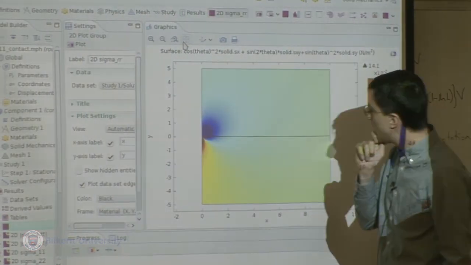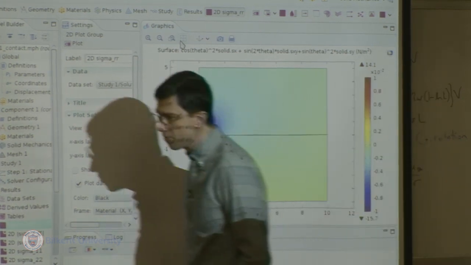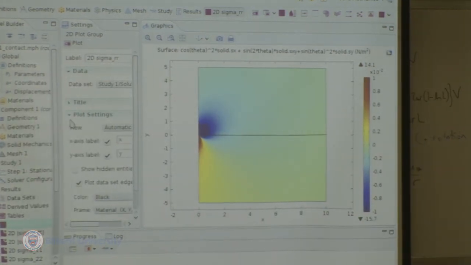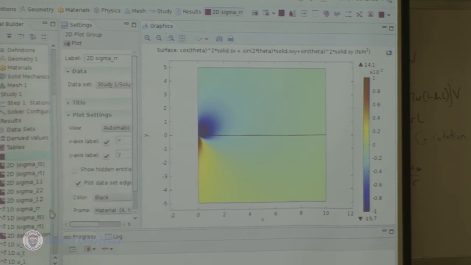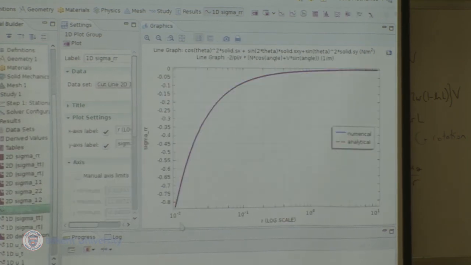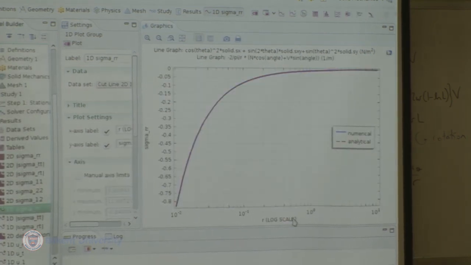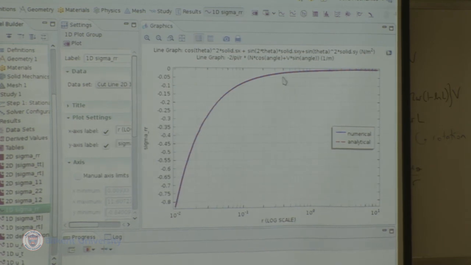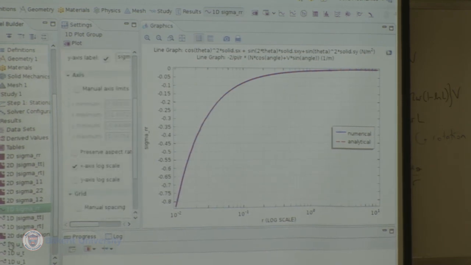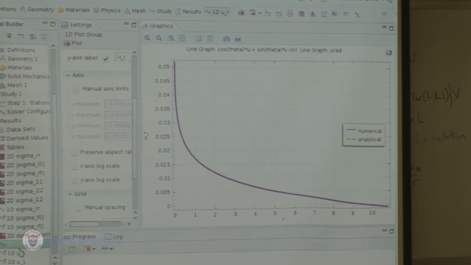Okay? So everything sort of verifies our picture of the solution. Again, let me just show you sigma RR. The r is in log scale because variations are very fast, but the match is perfect. And then you can look at UR, UT, and everything.